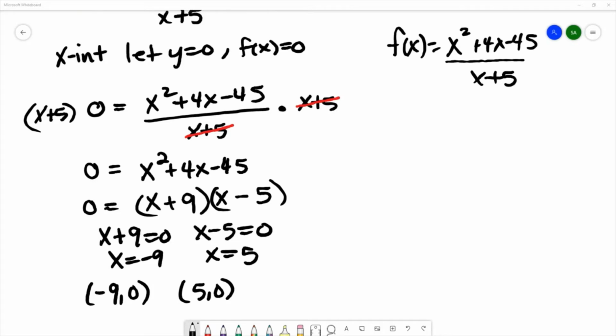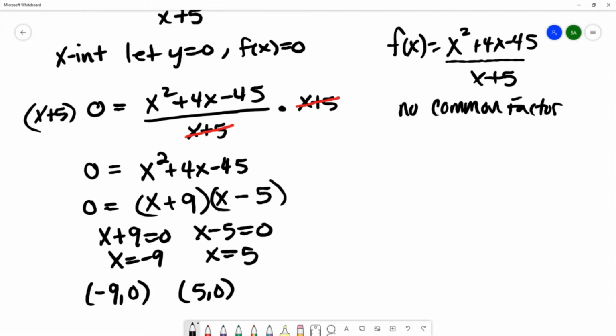For our next part, we want to look for any vertical asymptotes. Now earlier, we noticed that there were no common factors, which is an important first step for looking for vertical asymptotes.